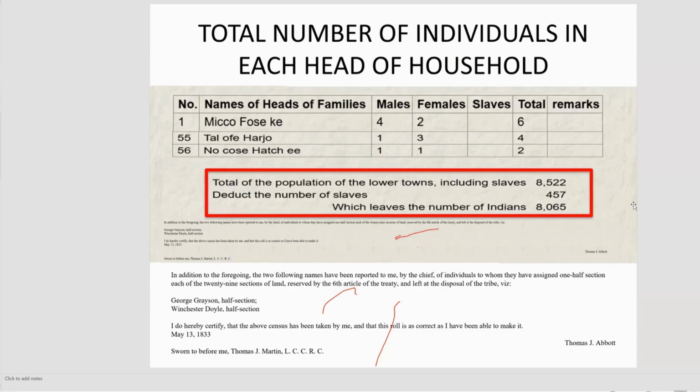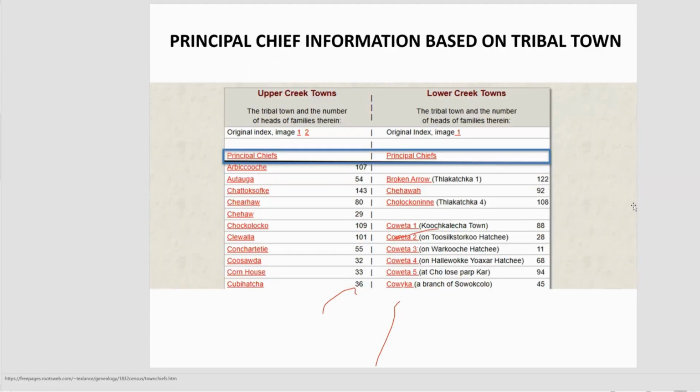Then this shows you on the page the total population in the lower towns, including the slaves, but deduct the number of slaves. There were 457 slaves living there at that time and 8,000 Native American people. These links take you to the chiefs of the Upper Creek and the Lower Creek.